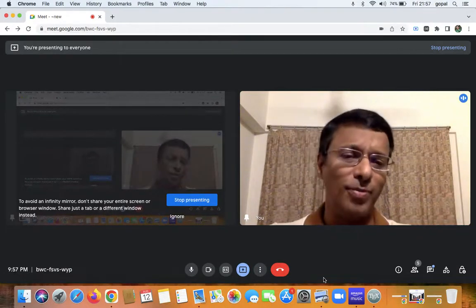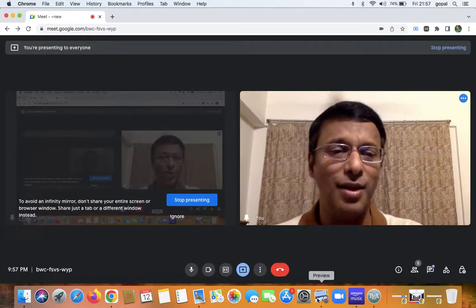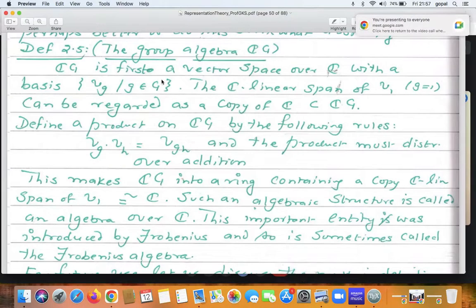A little more formally, it is a vector space V over the complex numbers whose basis is Vg. I'm just being very fussy in trying to distinguish the group element from the vector Vg. But for all practical purposes, I can just take g itself as an element of the vector space.